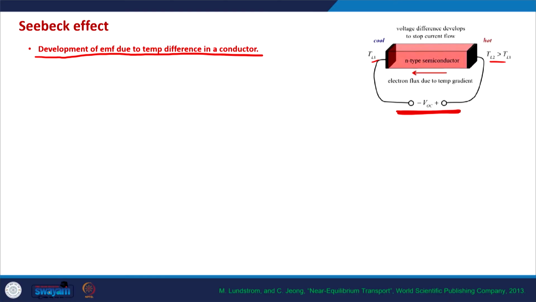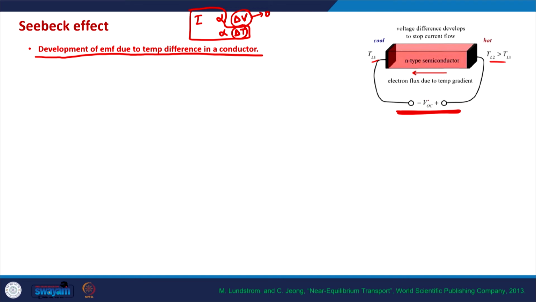And now with the background that we have seen, this is not something unfamiliar, because what we have seen is that the charge current is directly proportional to delta V as well as delta T. So even if we do not have any applied voltage, even if delta V is 0 and delta T is non-zero, there will be a non-zero current, which means the electrons will flow because of the temperature difference.